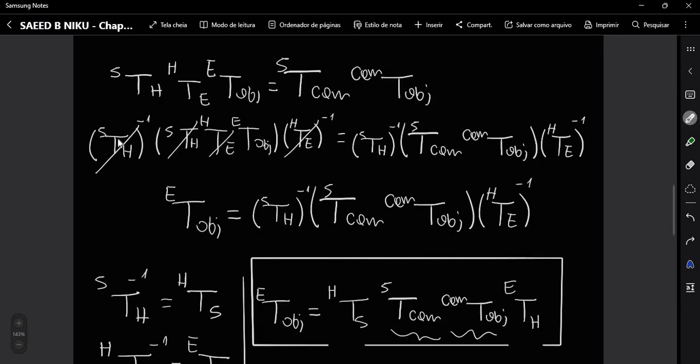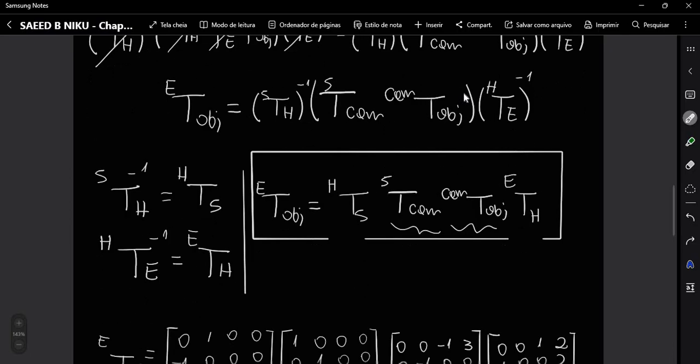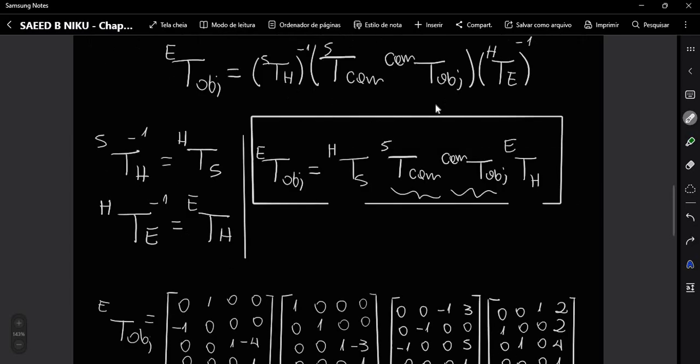So this is the inverse transformation of the H frame in relation to the 50 frame. And this way we are able to reduce this first transformation equation, and we obtain this one, and we apply more properties, and we were left with this one.